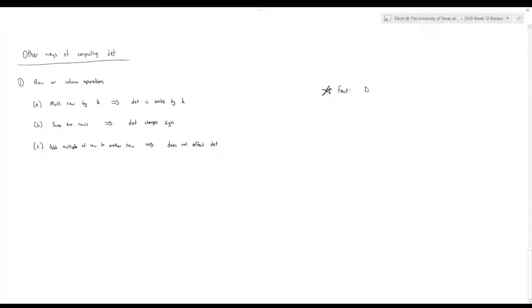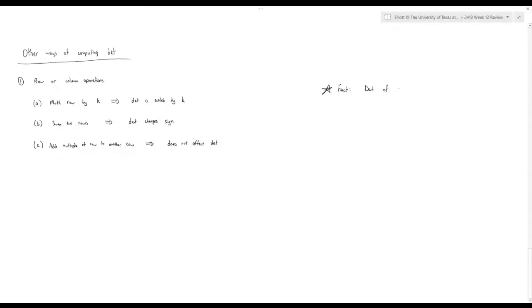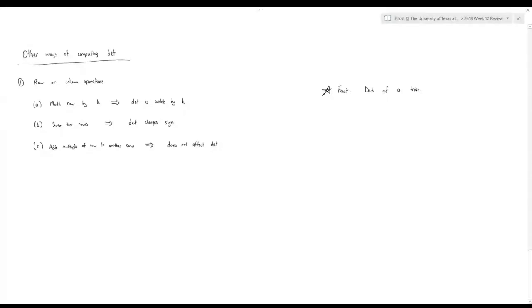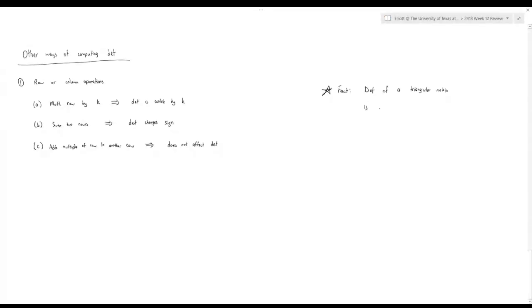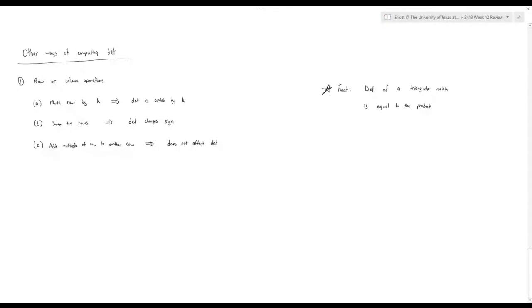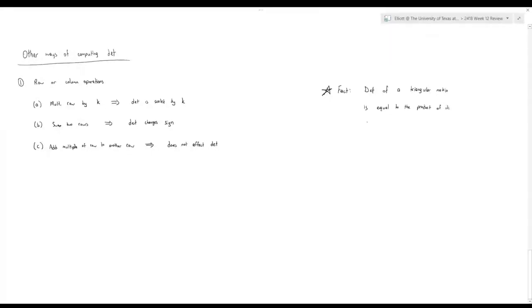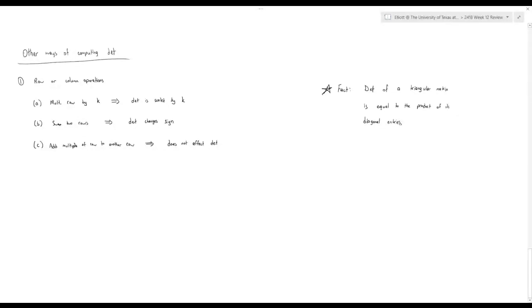The determinant of a triangular matrix, whether upper triangular or lower triangular, or even diagonal, which is both upper and lower, turns out to be equal to the product of its diagonal entries.